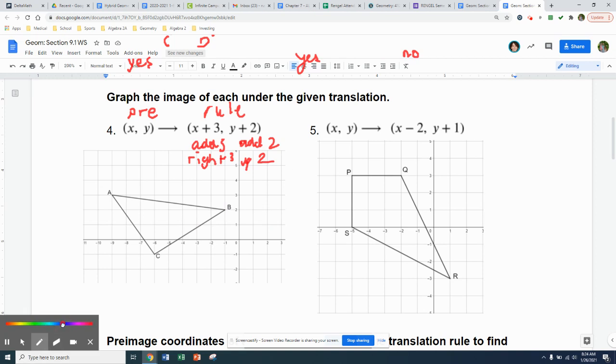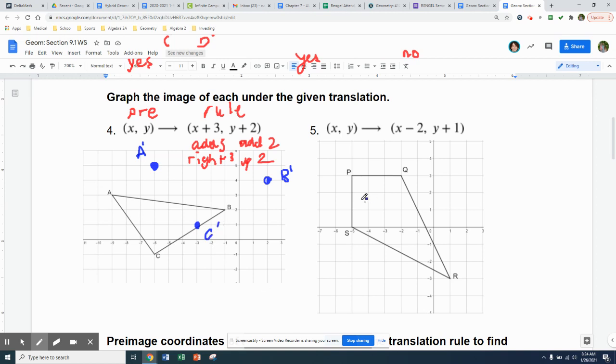So it's important to remember that translations are isometry. So isometry means that they are going to be the exact same shape, just each point moved the same amount in the same direction to create your new shape. So there would be my A prime going to the right 3, up 2. B prime, I'm going to the right 3, up 2. And C prime, I'm going to the right 3, 1, 2, 3, up 2.